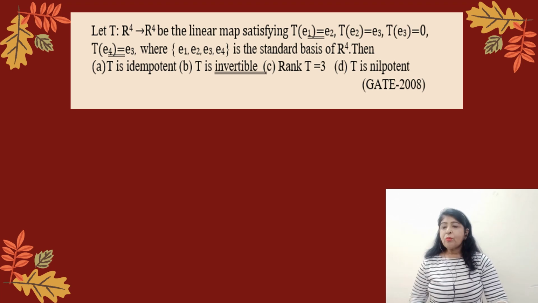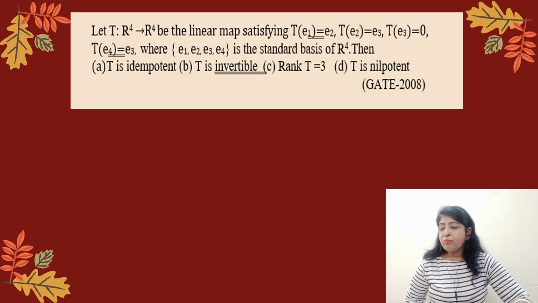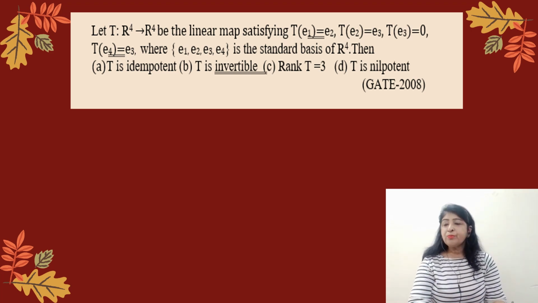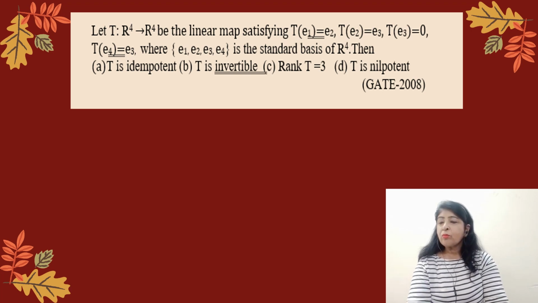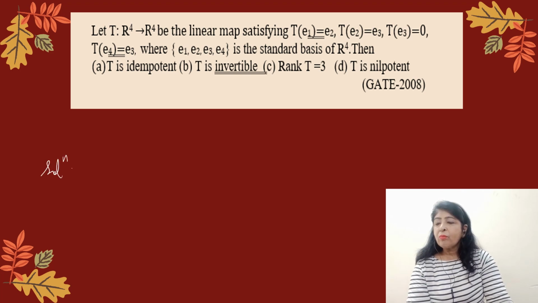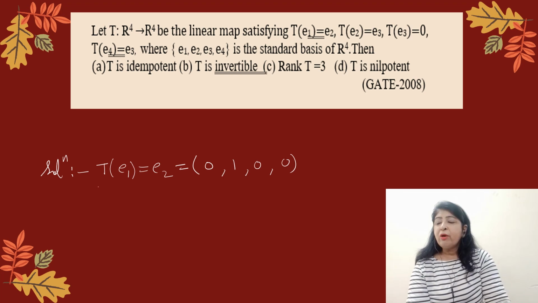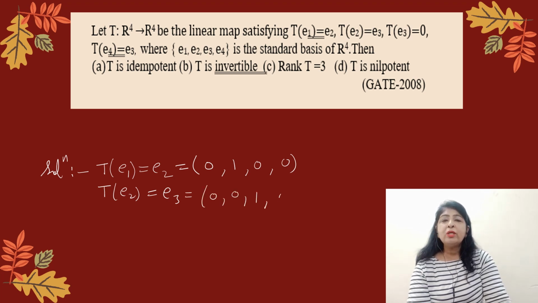So first of all, we write T of E1, this is equal to E2, which is equal to 0, 1, 0, 0, because in R4 we have 4 elements. Now T of E2 is E3, which is equal to 0, 0, 1, 0.